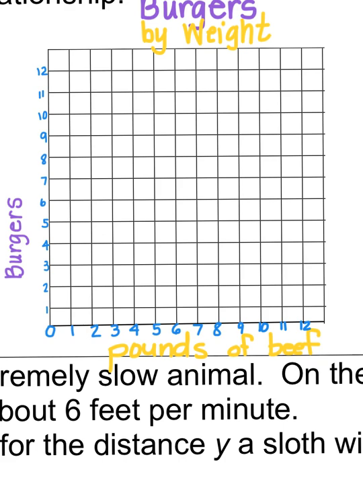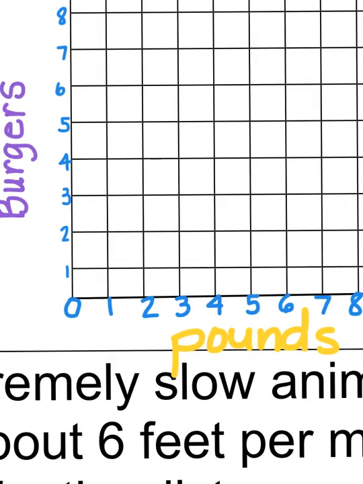So let's take a look at our first point. Since this has direct variation, it's a proportional relationship, we know that our line will go through 0, 0. Then for every 2 pounds of beef, 5 burgers can be made.